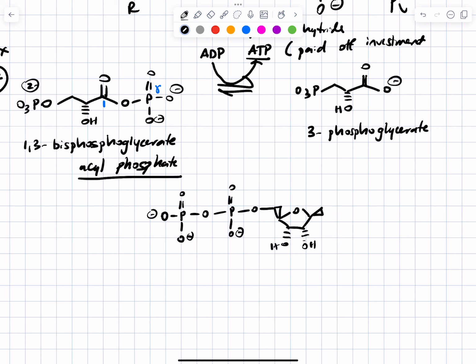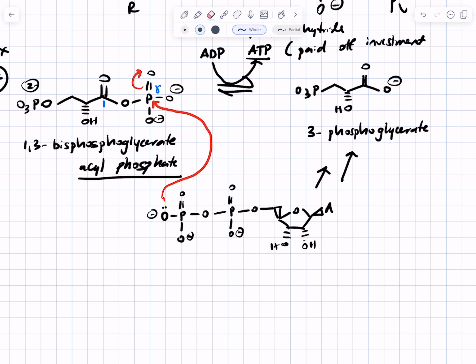There's the ribose ring, there's the adenine base. Lone pairs on the oxygen are going to attack the phosphorus, you're going to get a pentavalent intermediate, and then electrons are going to kick down and kick off this phosphoglycerate as a leaving group.